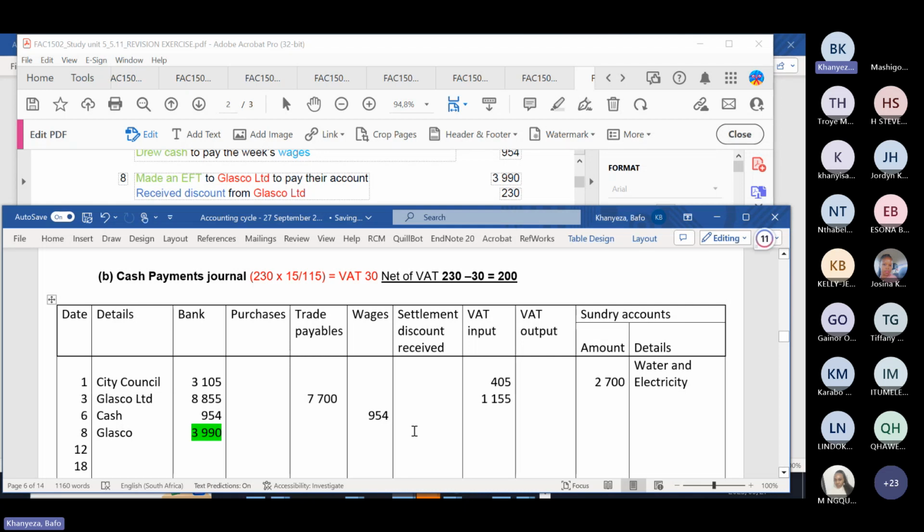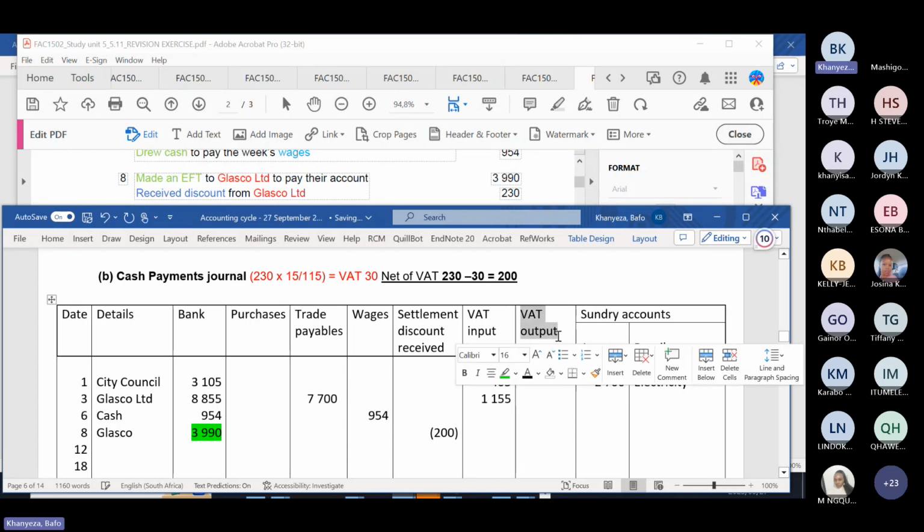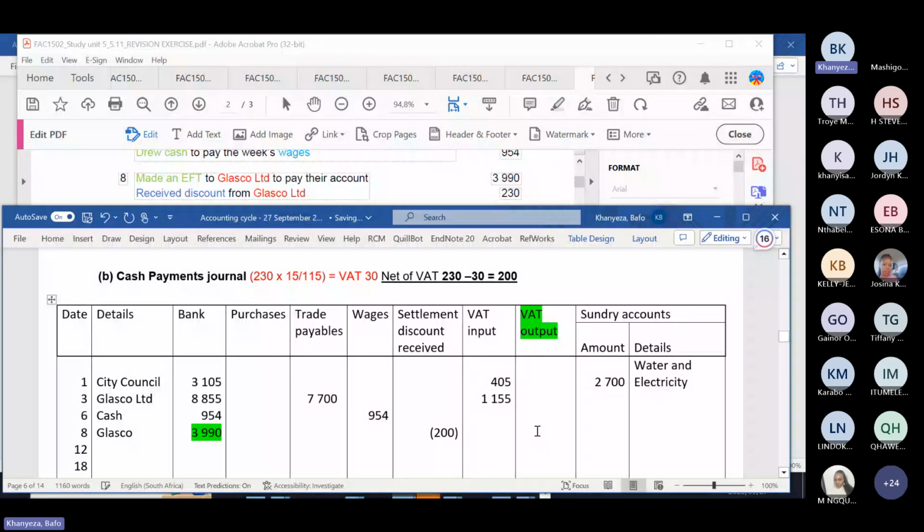Now the company has to go back and account for VAT on the discount, so the net of VAT is 200. This is in brackets, so it's a net. Now it's an output VAT, because we recognized this previously as an asset, but now we are no longer paying it. So it's more like we are paying it over to SARS. So this is this transaction.